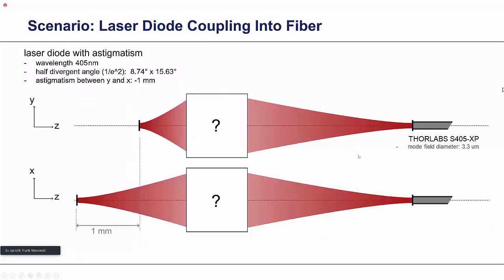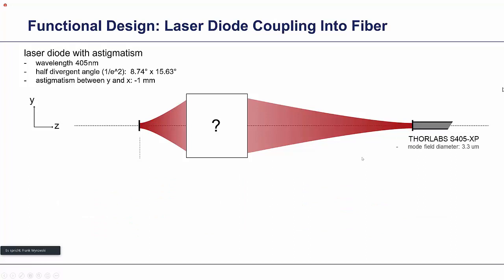Now I'll give you a full example. Let's consider the incoupling of a laser diode with strong astigmatism into a single mode fiber. Here we need to transform, light transformation, the laser diode with astigmatism into a single Gaussian beam. We need a perfect Gaussian beam in the waist to have an overlap integral to get a high coupling efficiency.